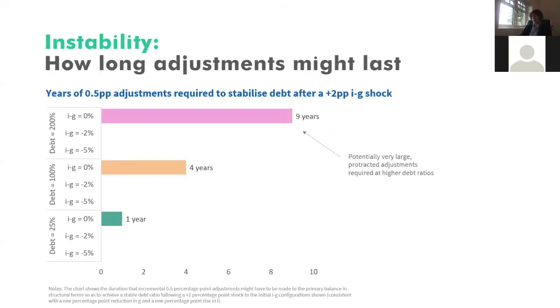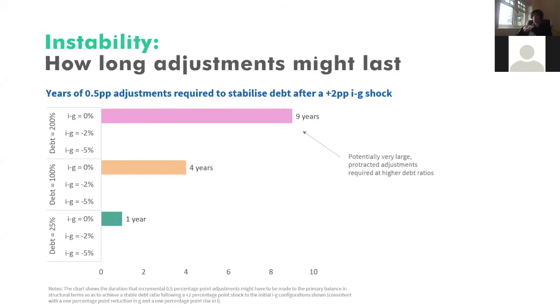And this has huge implications for the types of adjustments that might be needed. If we take it that in the EU fiscal rules, a reasonable benchmark for how much a country has to adjust or consolidate, or the types of austerity it might have to go through, is 0.5 percentage points of GDP in a given year, then there are caveats around that, but that's kind of the standard.